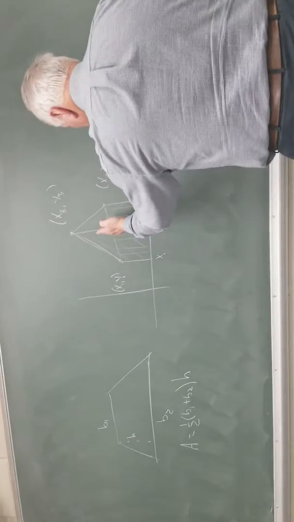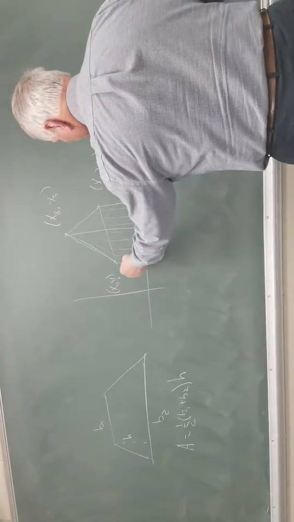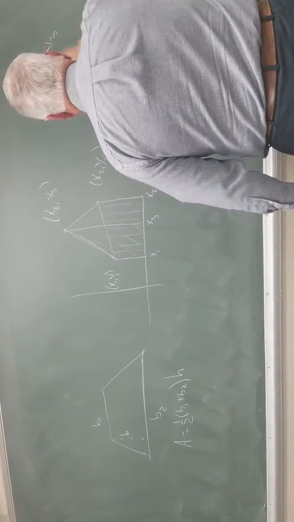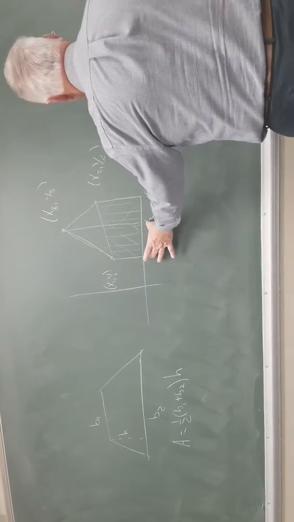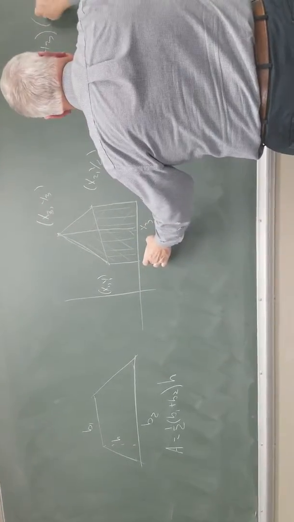The tall trapezoid on the left, its bases are Y1 and Y3, and its height is X3 minus X1.